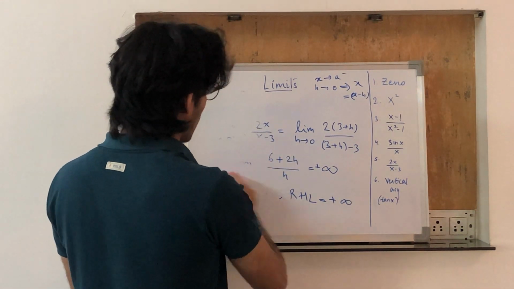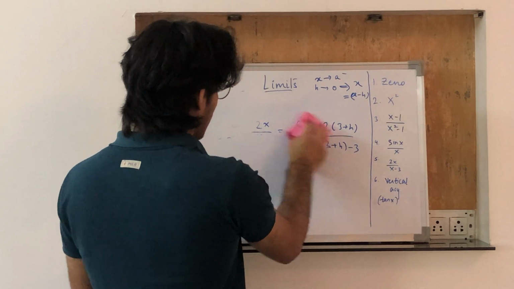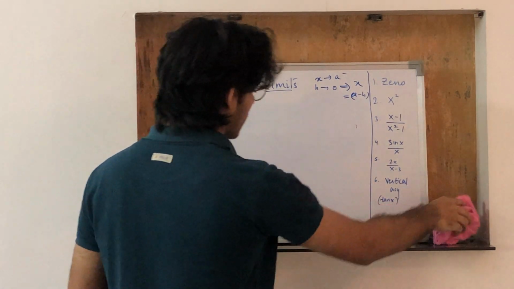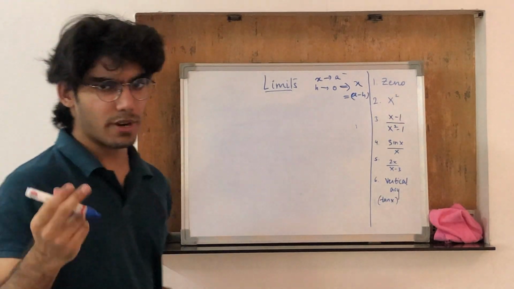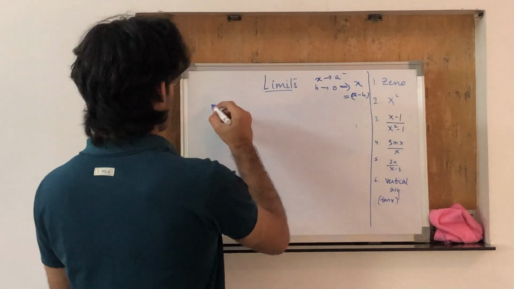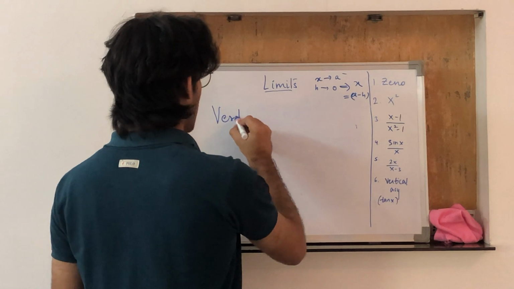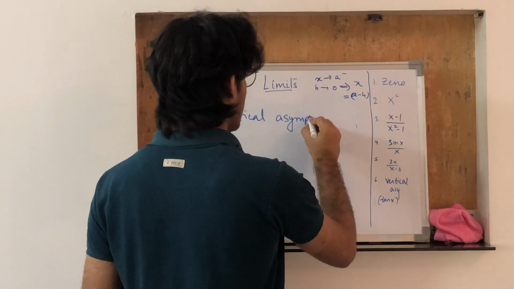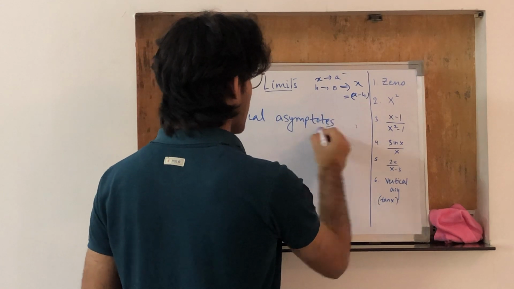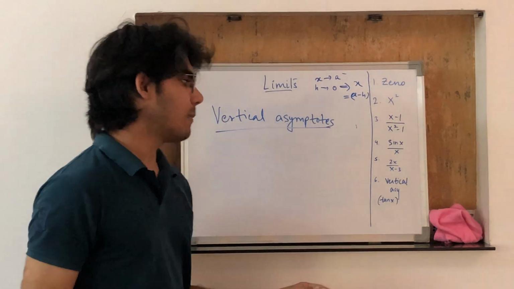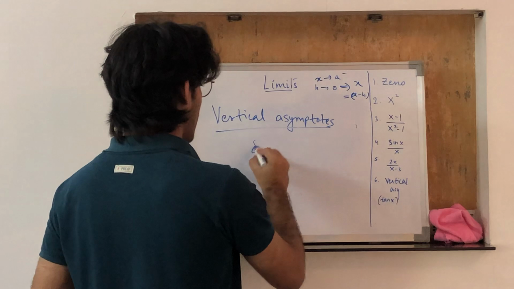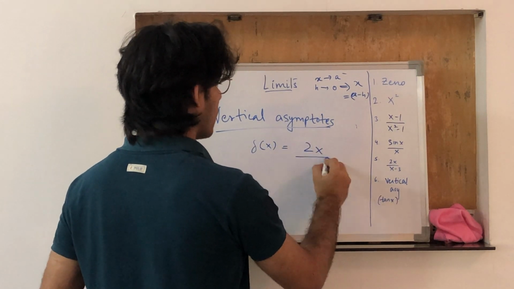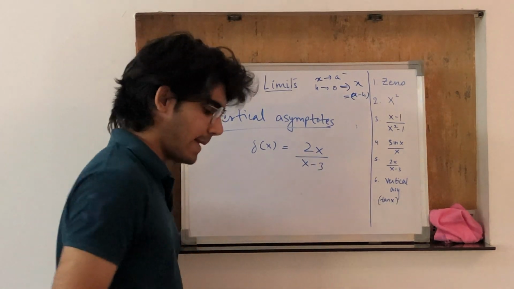Finally, we're going to talk about an easy concept, and it's super straightforward to understand. This concept is of vertical asymptotes. And basically, if I have a function, f(x) is equal to, let's just use the function that we used before, 2x over x minus 3.